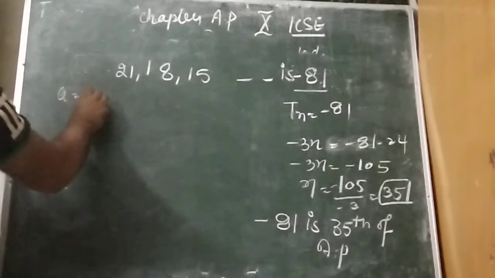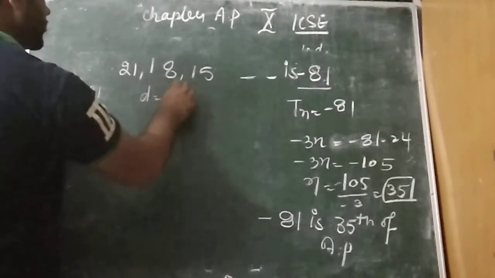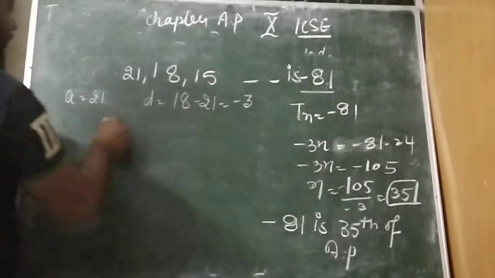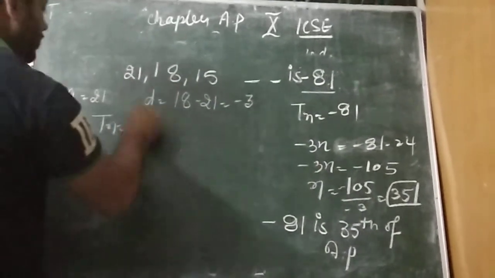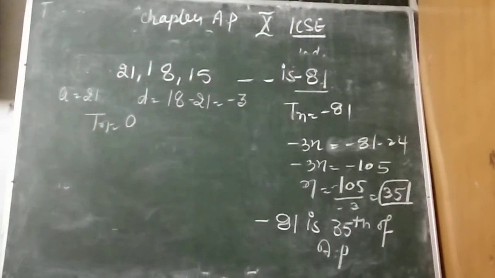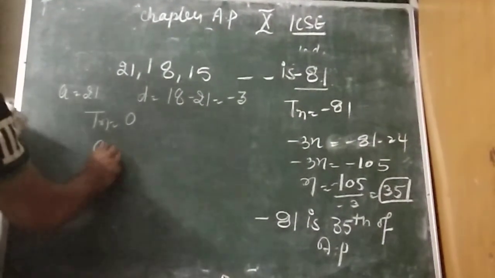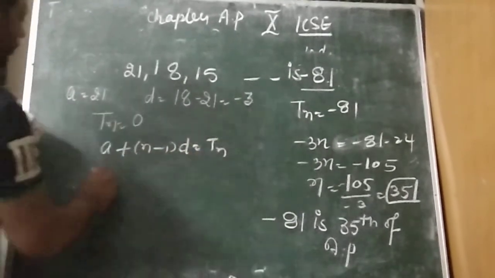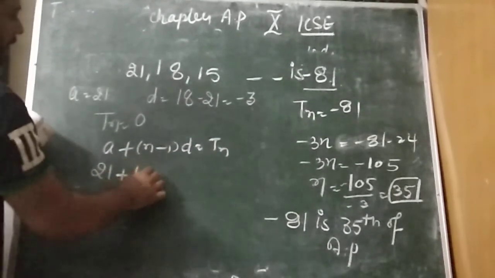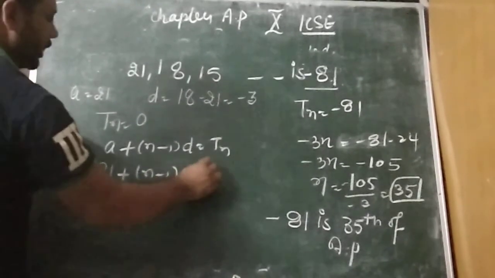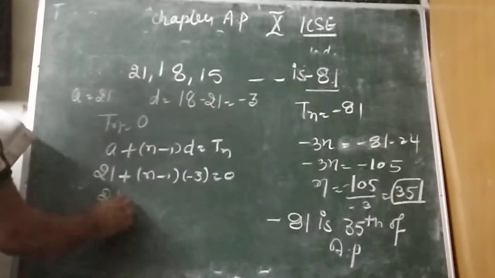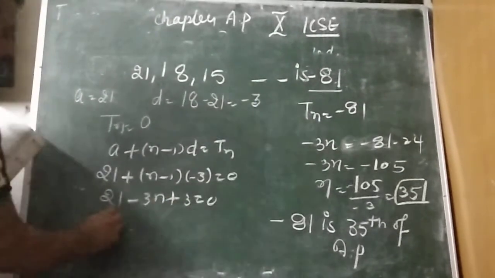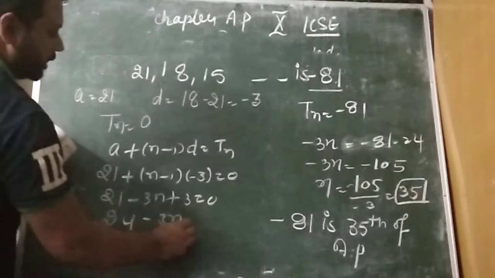Again a is 21, d is second minus first, minus 3, and 0 we will take as Tn. So now again we'll apply the formula a plus (n minus 1)d equal to Tn. The value of a is 21, n minus 1, d is minus 3, equal to 0: 21 minus 3n plus 3 equal to 0, 24 minus 3n equal to 0.